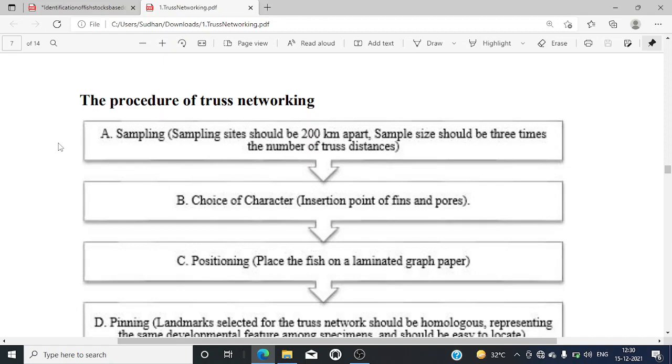It should be at least 200 kilometers apart from one sampling site to another, so that there could be a variation in stock based upon the environmental features, food availability, and other factors. So the choice of sampling site should be at least 200 kilometers.